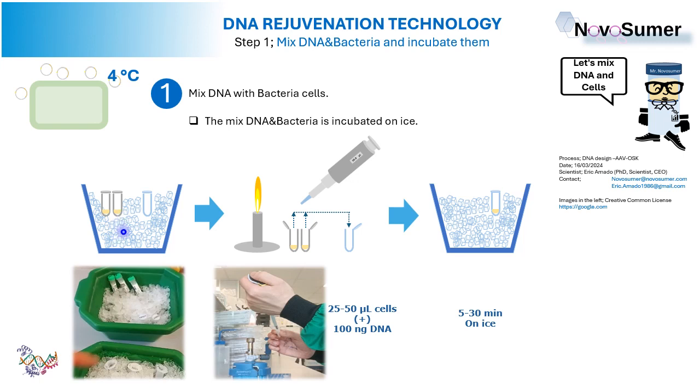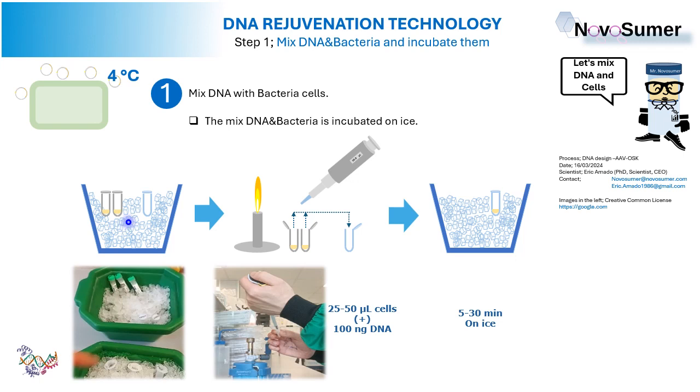So here we have another vial with DNA. Okay, so we have the competent cells and we have the DNA. We have to thaw them. Little flicks will help to thaw the DNA and the competent cells.